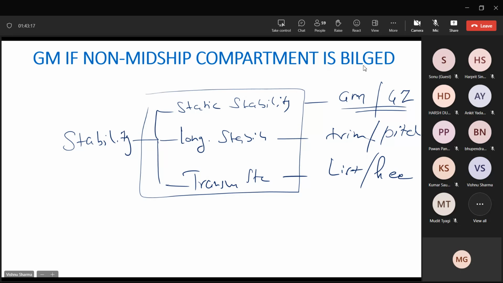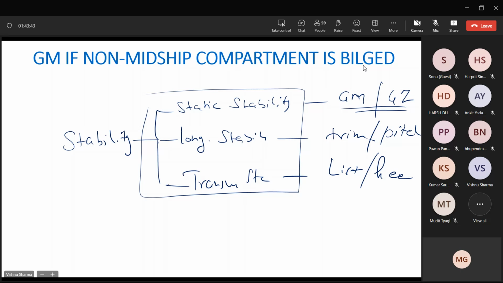Now, have you done such questions, that after loading, find the GM of the vessel? Yes or no? If I say MV Hinship is floating at 10,000 tons displacement, KG 7.5 meters, 1,000 tons is loaded in number one tween deck, calculate her GM after loading. Can you all calculate? Yes or no?